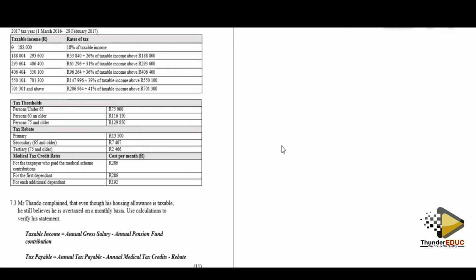Then we also have the road accident fund, and we can subtract the provident fund, which is also not taxed. Taxable income, let's look at that first, because if I'm to calculate his tax, I need to first get the taxable income. Mr. Tabo's taxable income. Let's do that.